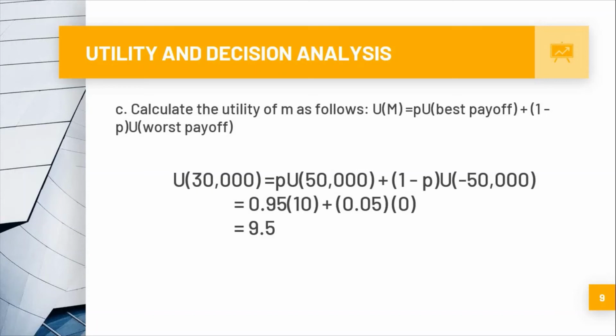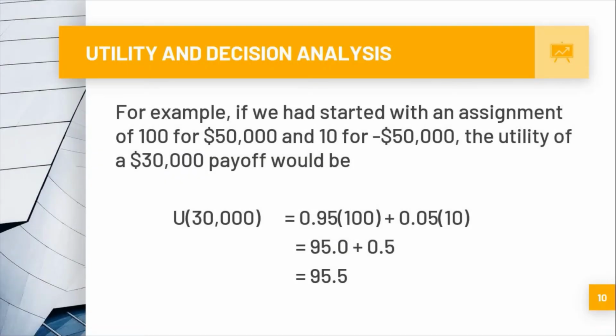But obviously, as you can see, if we had started with a different assignment of utilities for the payoffs of $50,000 and negative $50,000, then the result would have been different for the utility of $30,000. Let's say, for example, if we had started with the utility of $50,000 being 100 and the utility of negative $50,000 being 10, then the utility of the $30,000 payoff would be 95.5.